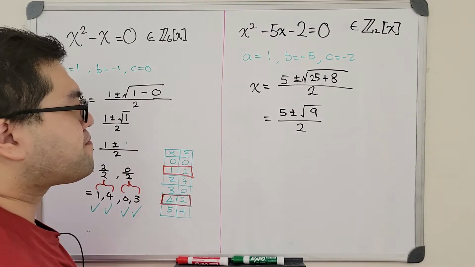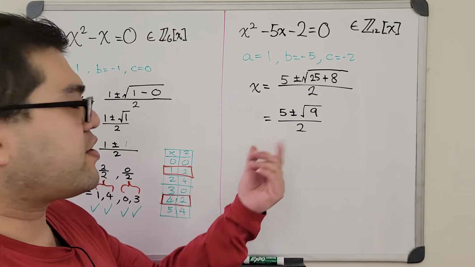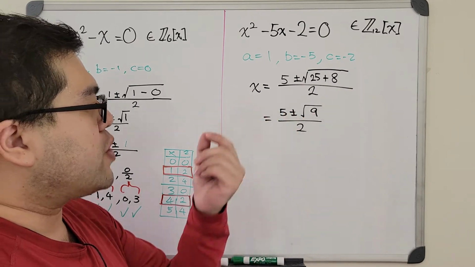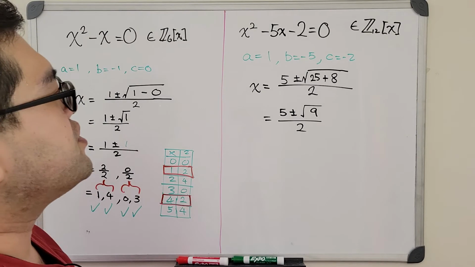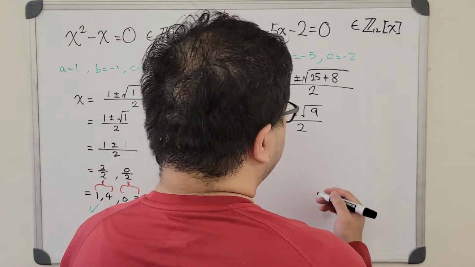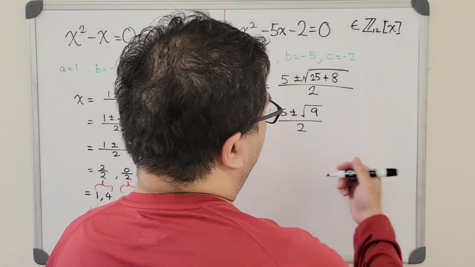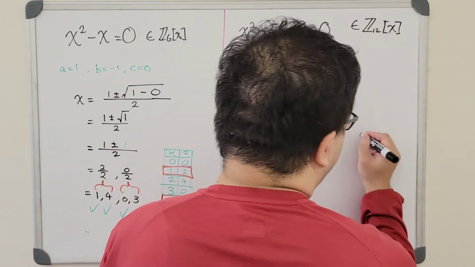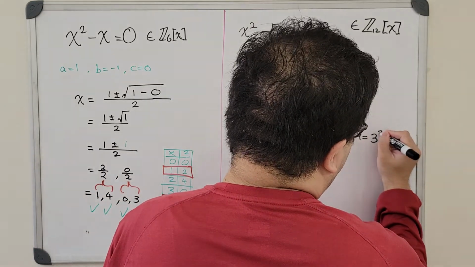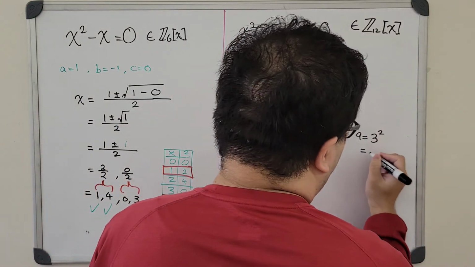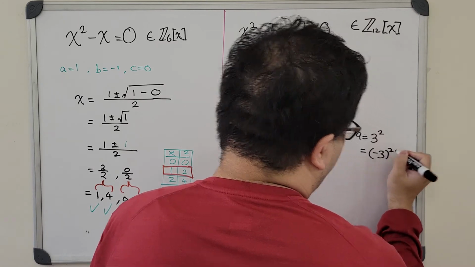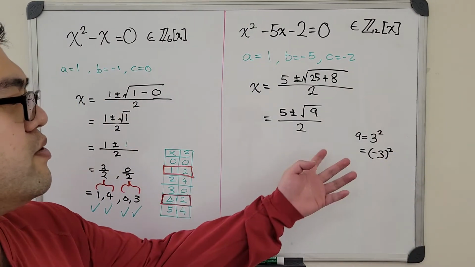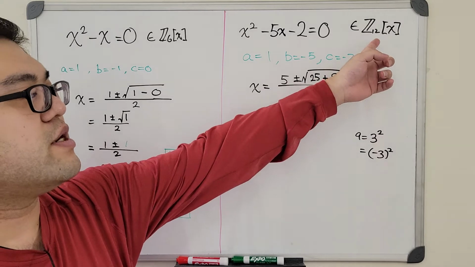So again, now we need to figure out what is the square root of 9 in this situation. So one thing that we know is, of course, 9 is 3 squared, but we can also write it as -3 squared. Is there any other possible elements here?